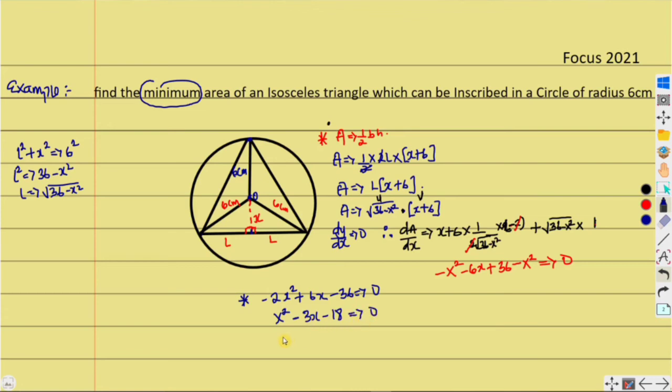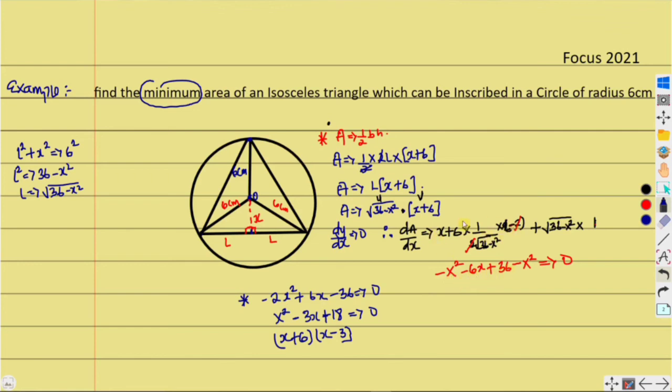So here I'm factorizing: x plus 6. It should be minus 18. I have x minus 3. I hope I am right with that. If I distribute the negative sign to avoid errors, we have negative x squared, very good.